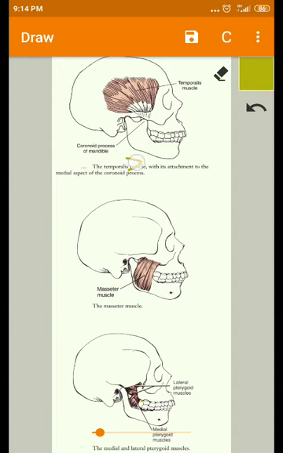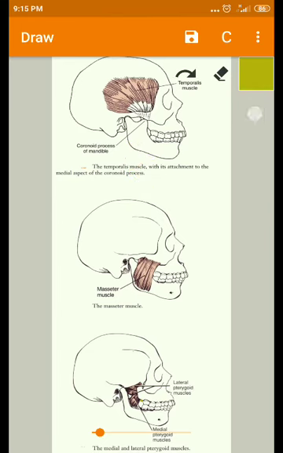The muscles which are attached above the hyoid, between the base of the cranium and the hyoid bone and the mandible, are the suprahyoid muscles. And the muscles which are present below the hyoid bone are called infrahyoid muscles.